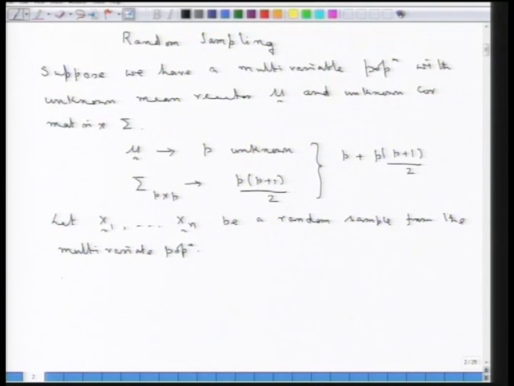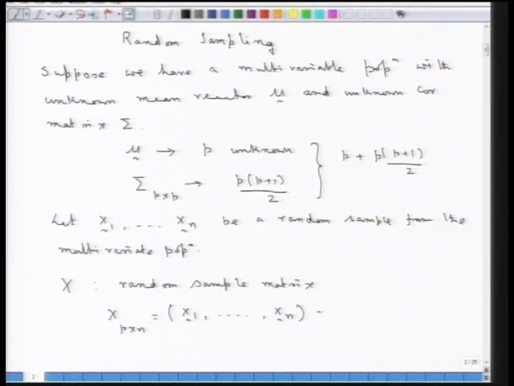Now, let us denote by capital X the random sample matrix, which is a p by n matrix comprising the following vectors: x1 vector, which is the first random sample, up to xn vector, which is the nth random sample. So we have this p by n random matrix holding the entire random sample of size n.